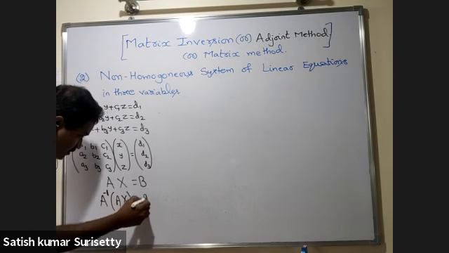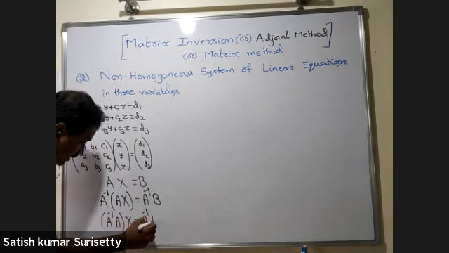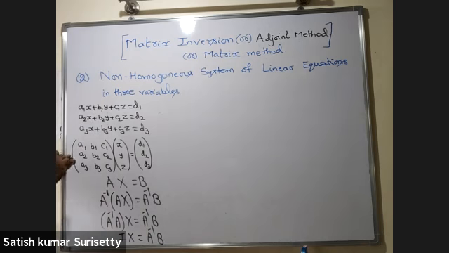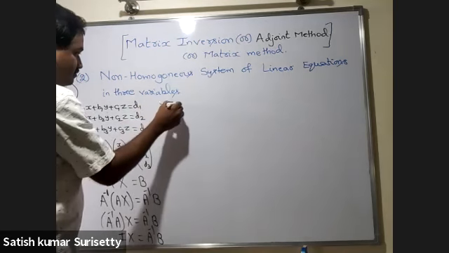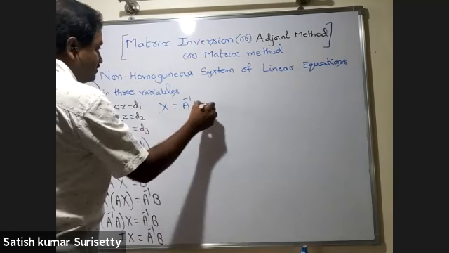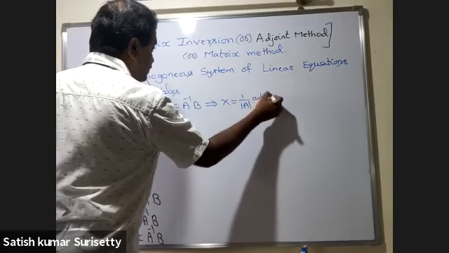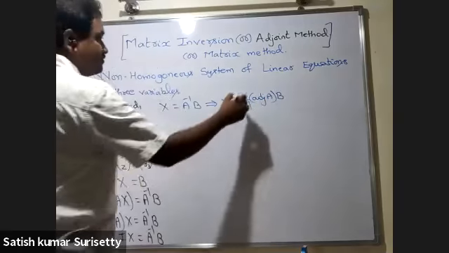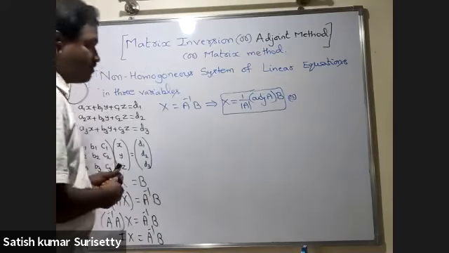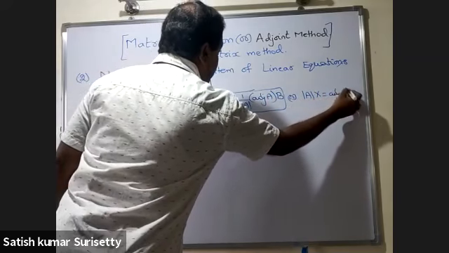A inverse into AX equal to A inverse B. So A inverse A into X equal to A inverse into B. That is IX equal to A inverse B. So X equal to A inverse B. That is X equal to 1 upon determinant of A into adjoint of A into B, or determinant of A into X equal to adjoint of A into B.